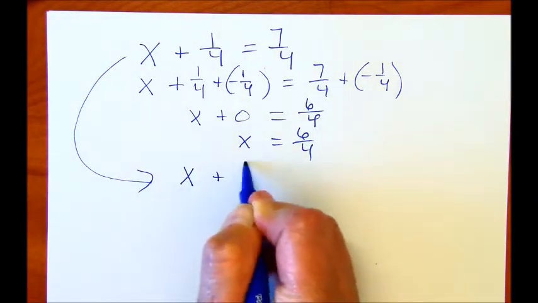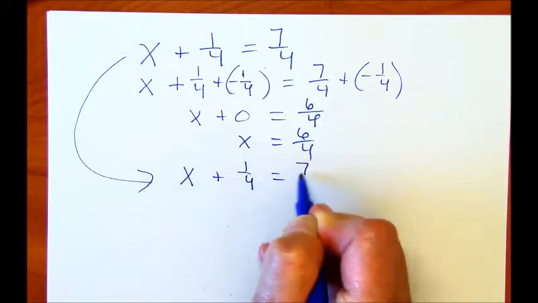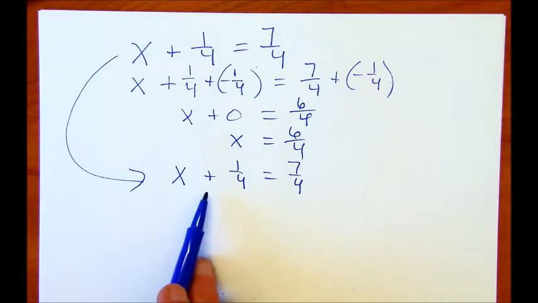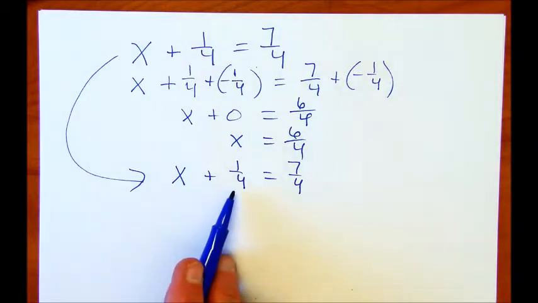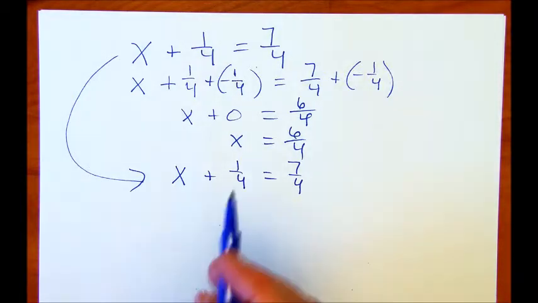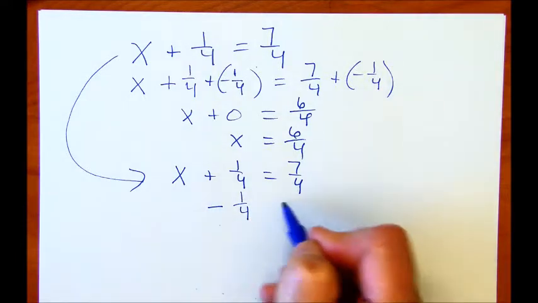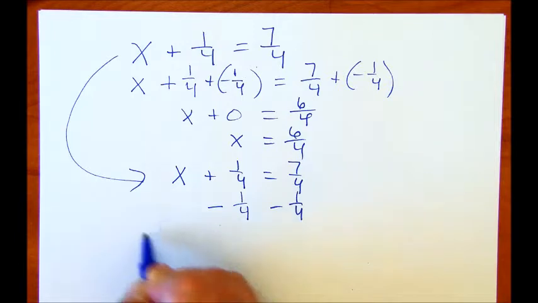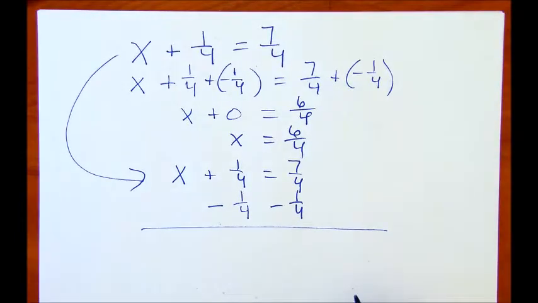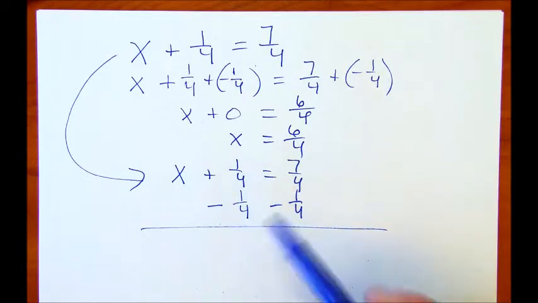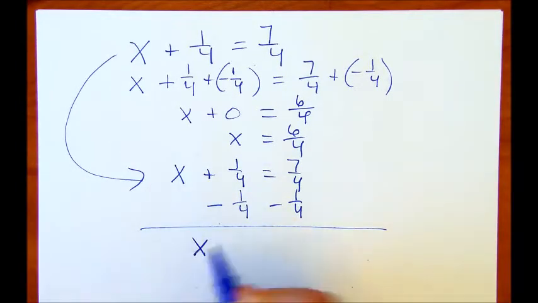So x plus 1/4 equals 7/4. Now, knowing that I want to add the opposite, I'm going to go ahead and write underneath, I'm going to subtract 1/4. And so I'm doing that. And then I like to draw a little line. Now, x plus 1/4 minus 1/4, the x comes down.